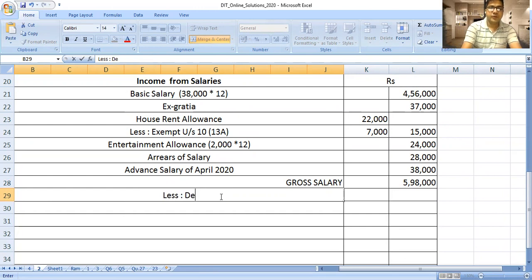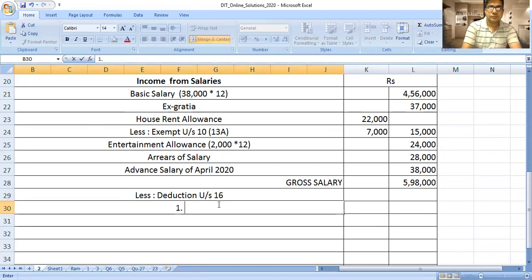After recording gross salary, we have to give deductions under section 16. First deduction, standard deduction.